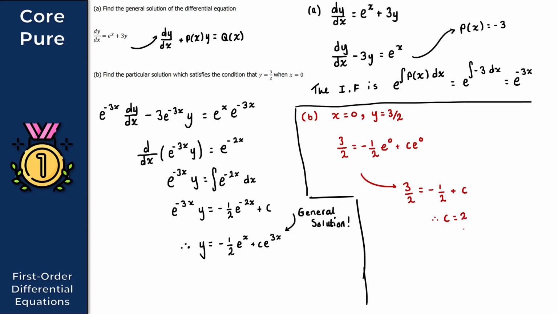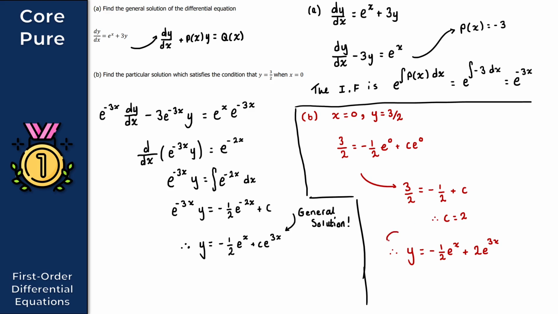And then all we need to do here to finish with is just rewrite the general solution with this value of c. So in that case then, this would give us the particular solution which satisfies this condition. So y is equal to minus a half e to the x plus, so again, don't write c here, write this value of c. Okay, so c equals 2, so plus 2e to the 3x there.